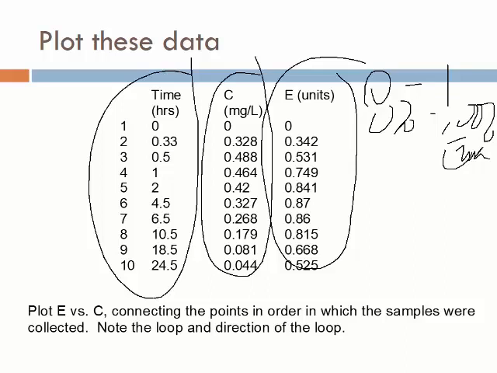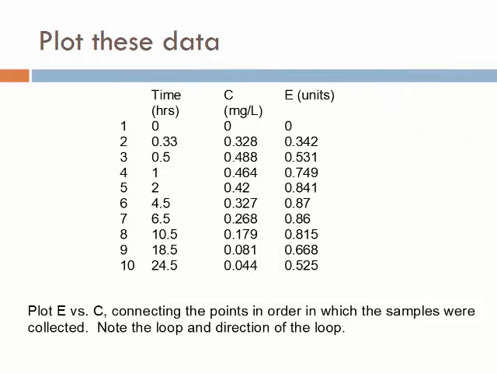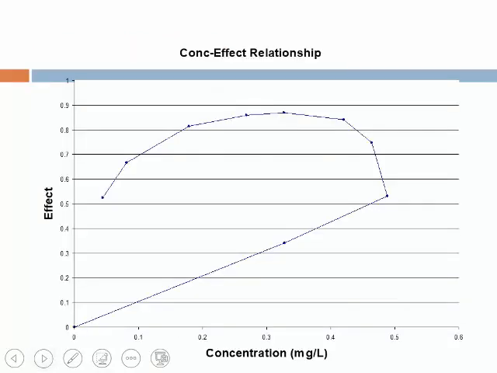So if I plot all of these data that we collected on one graph with time here and concentration and effect plotted on the y-axis, what would this look like? So I did that, and it looks like this.